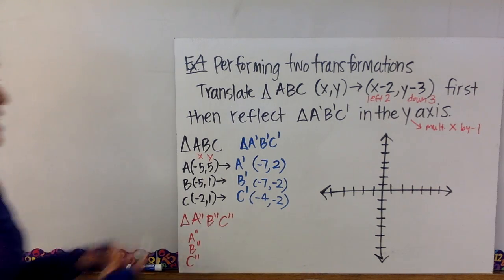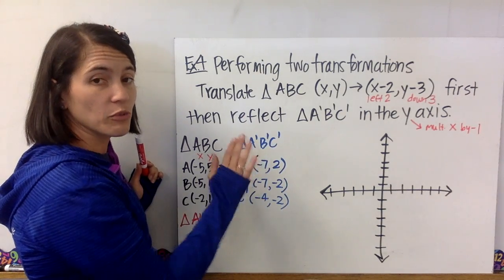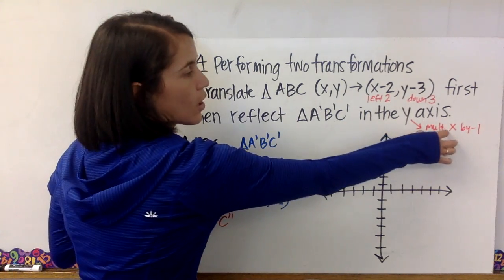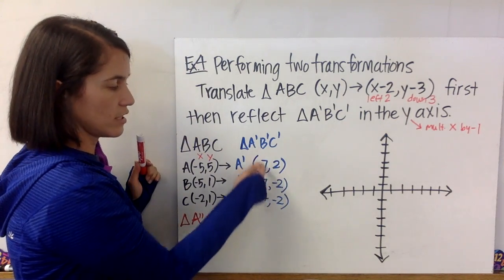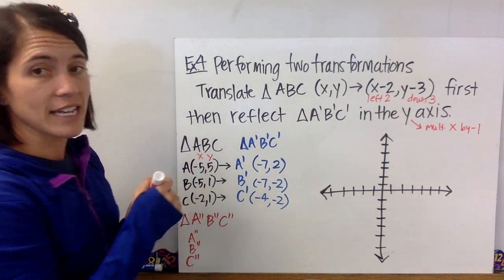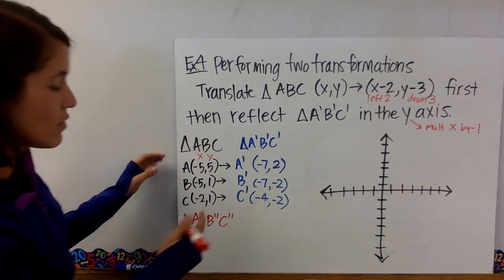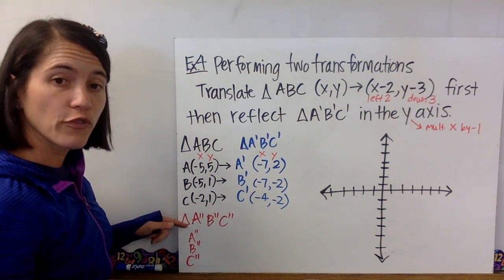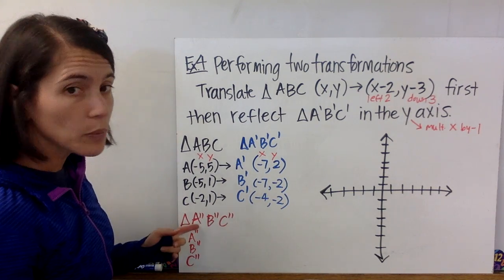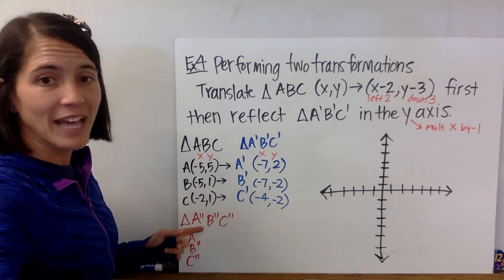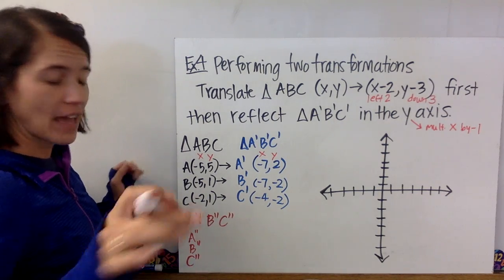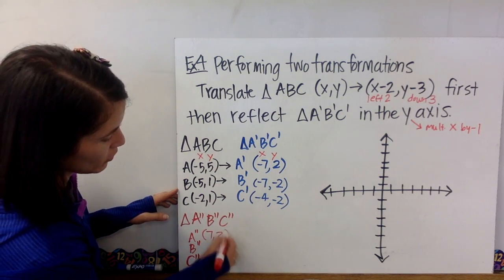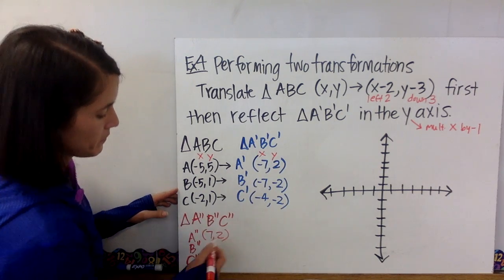We want to take this image and we want to reflect it. Now, I'm not graphing it right now. I'm just using the rule. We want to multiply the new x coordinate by a negative 1. In order to do that and get a new figure, we have to use A double prime, B double prime, and C double prime. That means A double prime would be 7, 2, because I'm multiplying it by negative 1.